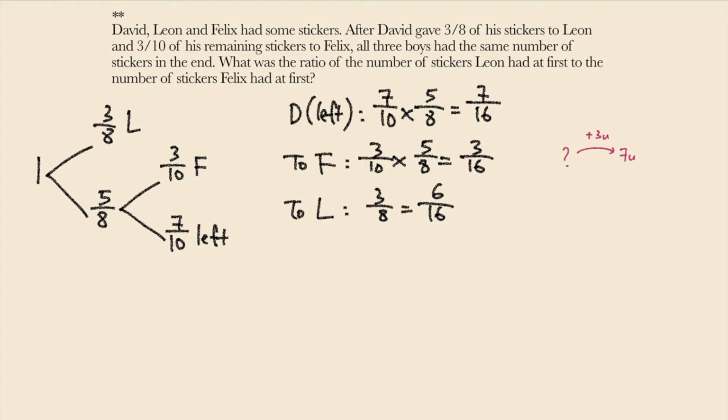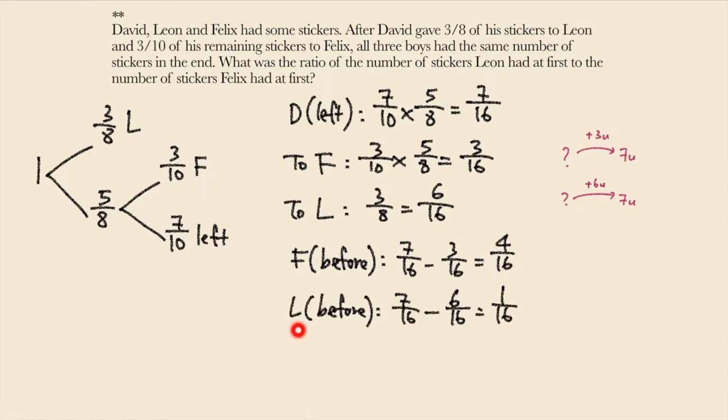Well, if Leon also had 7 units in the end, and we know he was given 6 by David, does that not mean he had 1 unit at first? So F before must be 7 minus 3, 4 units, 4 over 16 at first. Leon before must be 7 minus 6, 1 unit at first.